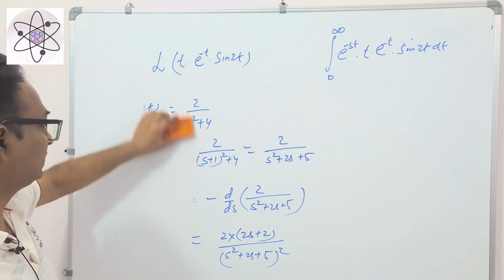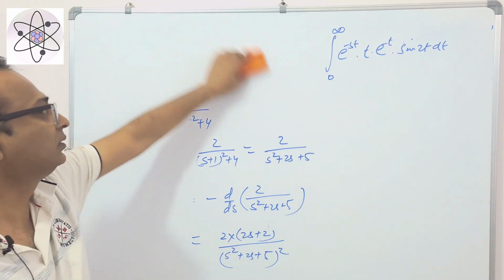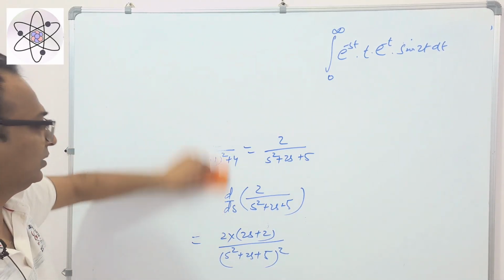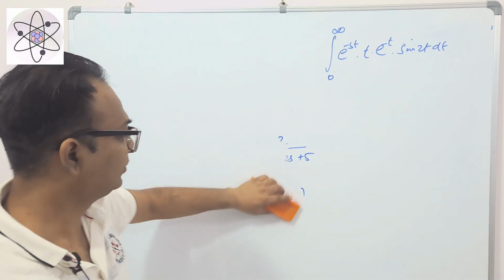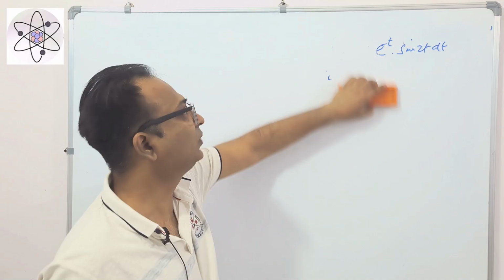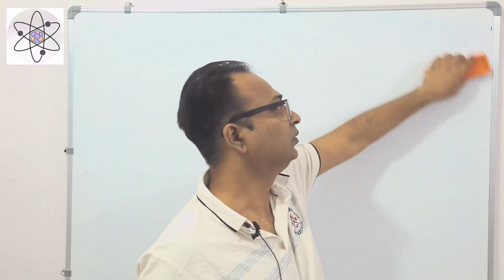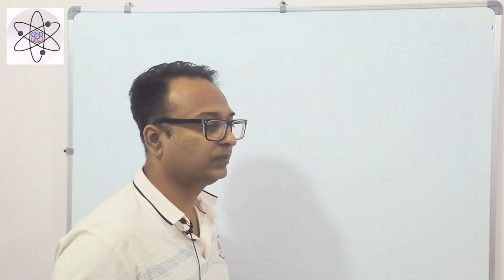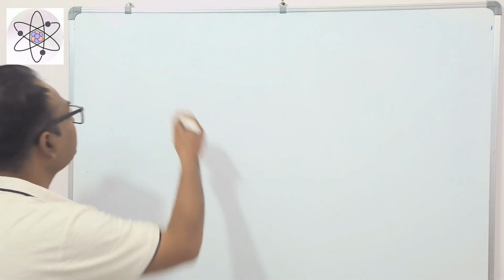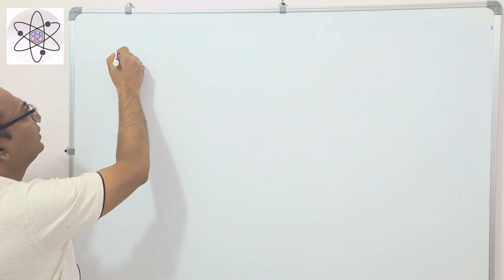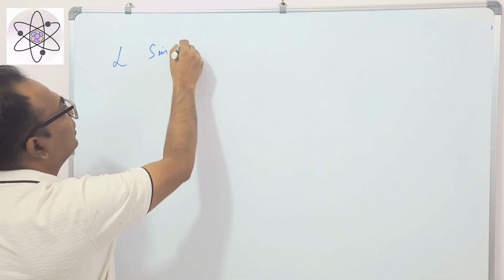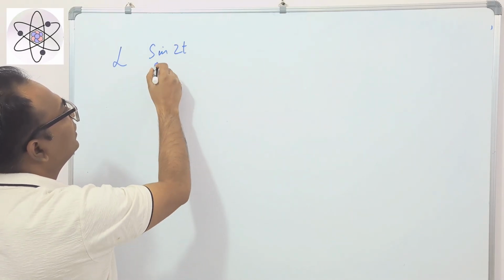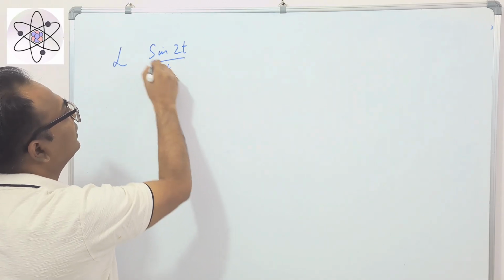So we have seen some examples when the function is multiplied by t to the power n. Let's see one example on 1 by t of f(t). Let's say we have to find the Laplace transform of sine 2t by t.